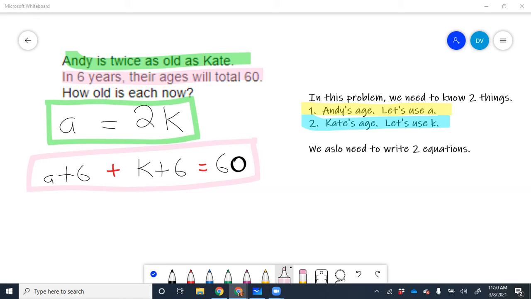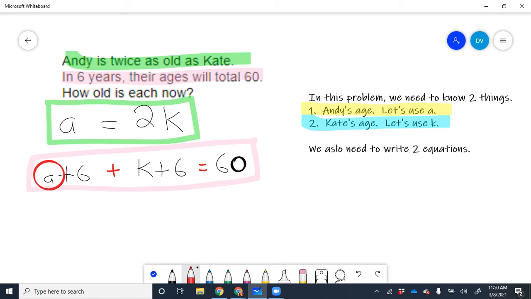So we have these two equations, and what we're going to do is replace or substitute in this equation. In the first equation, I know it says equals, but it means A is the same thing as 2K. A is equal to 2K. That means that whenever we see the letter A, we could replace it with 2K. Let me erase those circles for a minute because I do see the letter A right here.